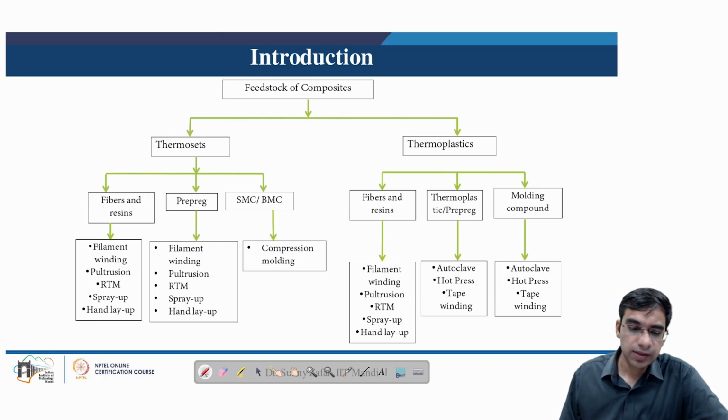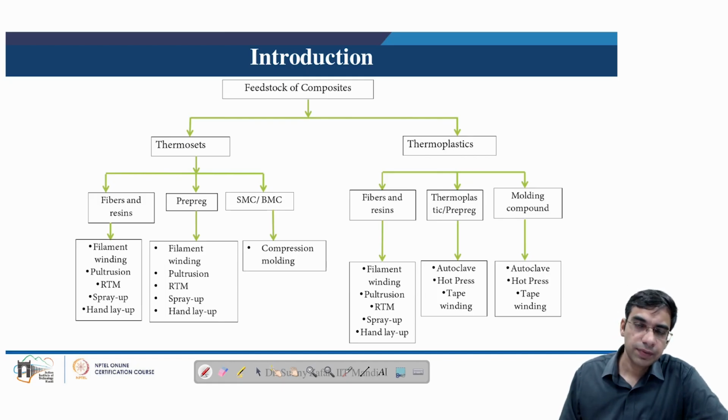So based on this, the thermosets, as we know, are basically polymers which get cross-linked and therefore they cannot be remolded by applying heat. On the other hand, the thermoplastics are those polymers which can be remolded upon applying heat and can be reshaped multiple times.